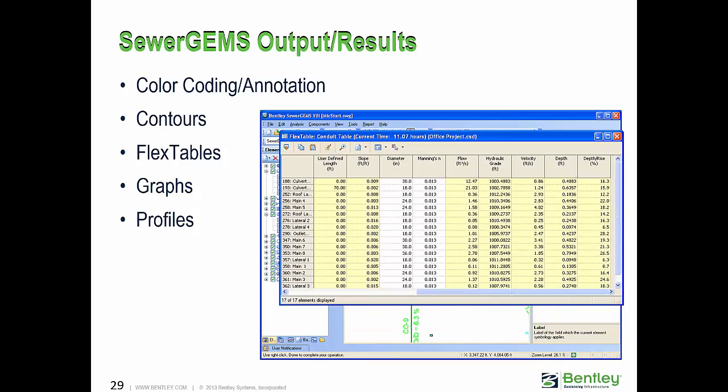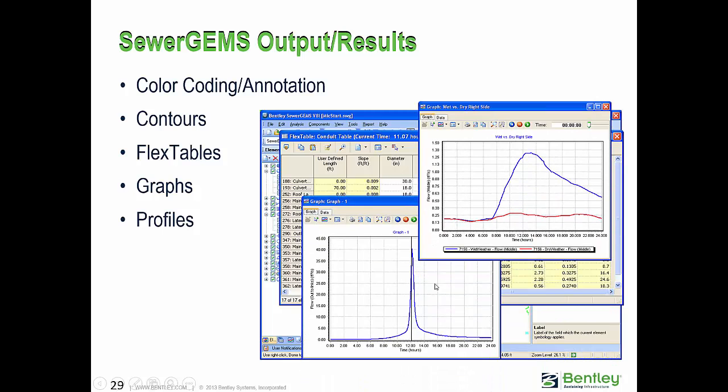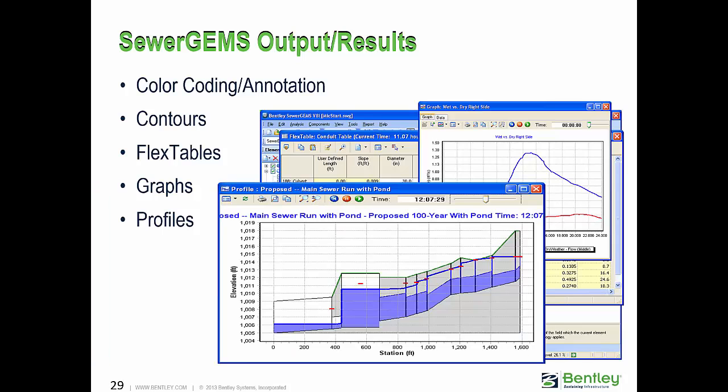And you can create flex tables like this, wherein you will get all the results in tabular format, and you can create graphs for the storm event or the flow in the conduit, right? And you can compare the graphs for a particular element over various scenarios, and you can create profiles like this.